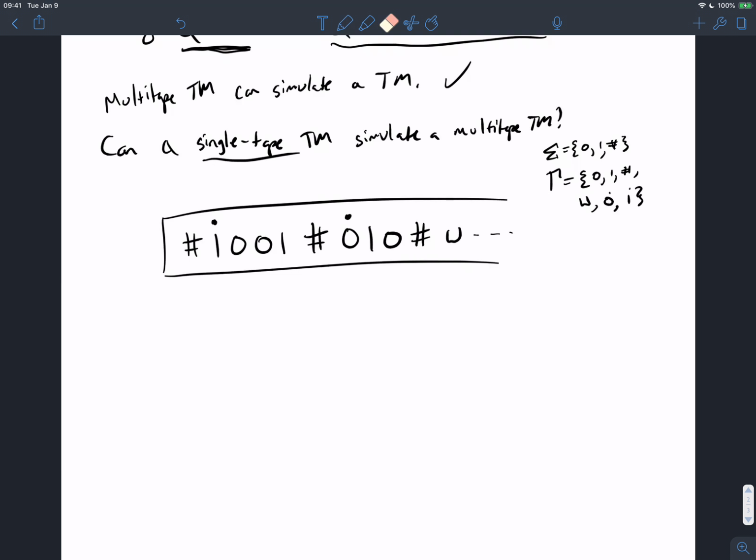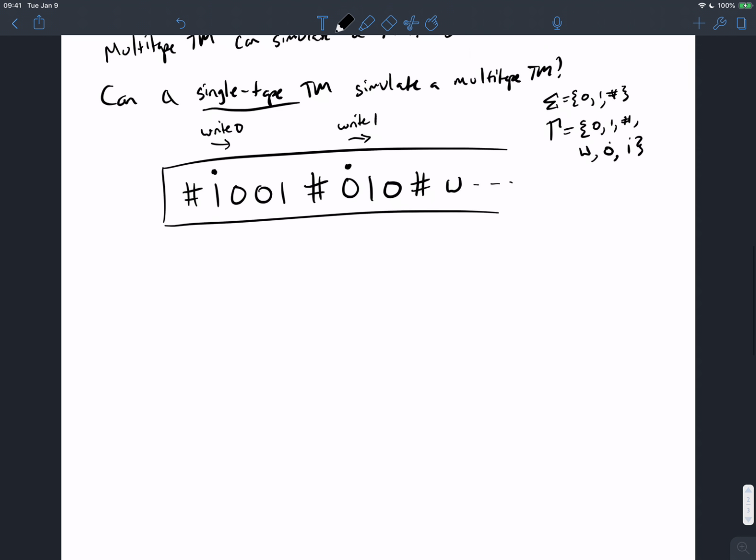Okay, so let's say that in this transition, this tape head moved right, and of course this one also moved right. Maybe this one writes a 0, this one writes a 1. Well, to simulate this with a single tape head, we start at the very left-hand side and traverse right, looking at which symbols were dotted along the way.